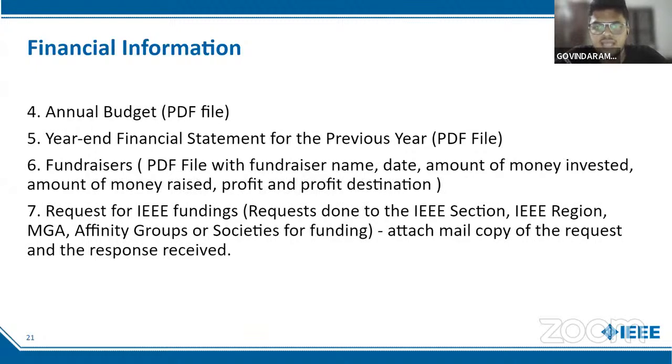And the year-end financial statement means what funds were received through various programs, IEEE fundings and fundraiser programs, and also the expenses for all the events. So that is the financial statement, and the annual budget is basically the plan.